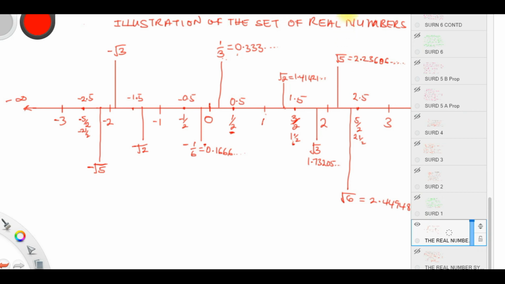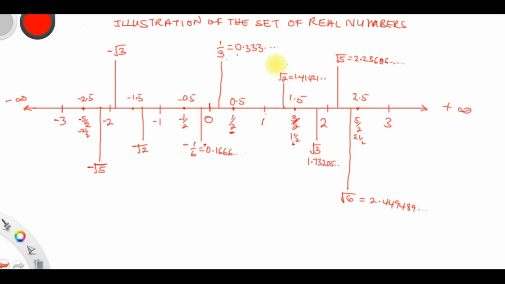And the numbers under the square root sign were also included. These numbers are called irrational numbers, and these numbers under the square root sign are the sets of irrational numbers.